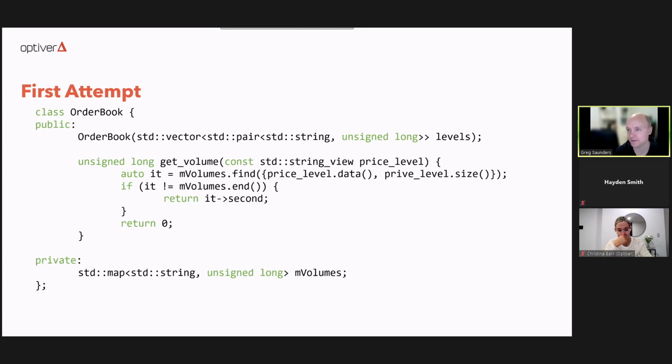Because of things like the number of decimal places is an issue, and you want to be accurate to n decimal places. And if you use a floating point representation, you might not be able to give that level of accuracy. So we're using strings for our prices, and we're going to use a map to tell us what the amount of volume is at any given price level.